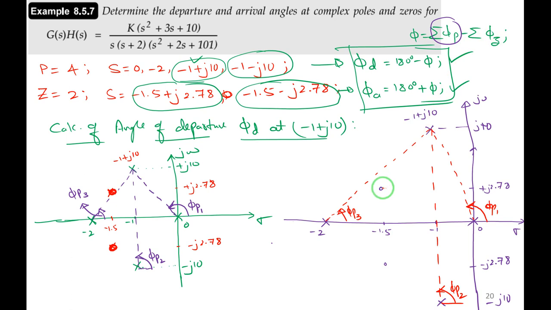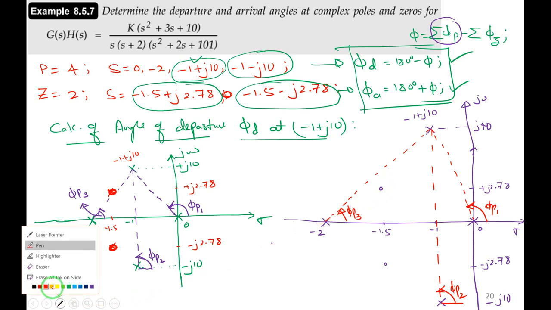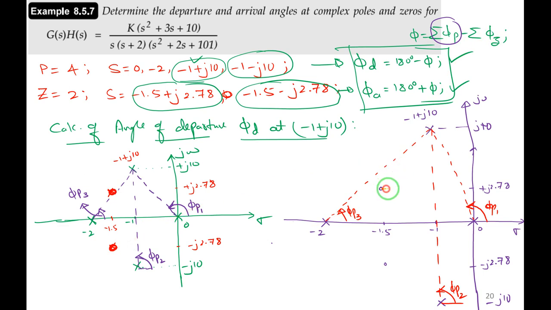So let me take this 0, right? Let me change the ink color here. Let me take orange from here, so I'll join this. The angle subtended, this angle we call phi z1, this is the first 0. Then the second 0 is here.